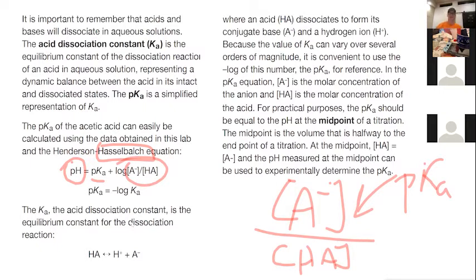acetic acid. Now, when the concentration of A minus and the acid is the same, this ratio is 1.